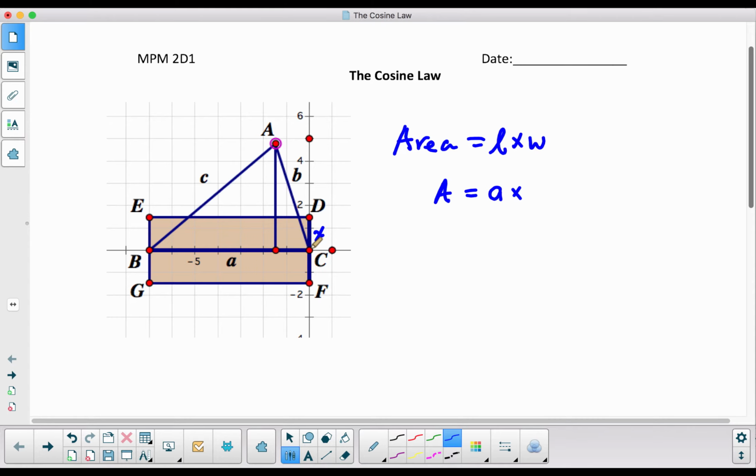And notice that this width is the same as this distance here created by making a vertical line from the top vertex down to the bottom side. So this width is actually the same as this little distance here.